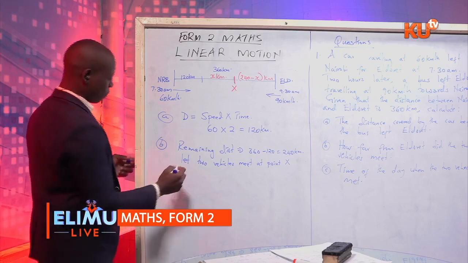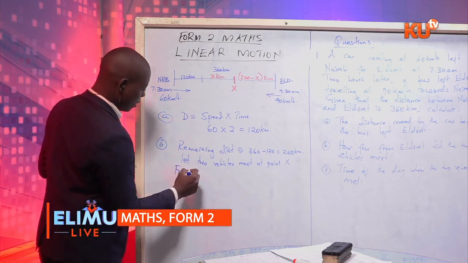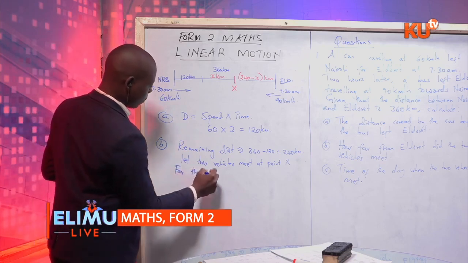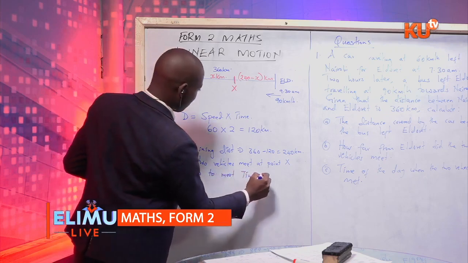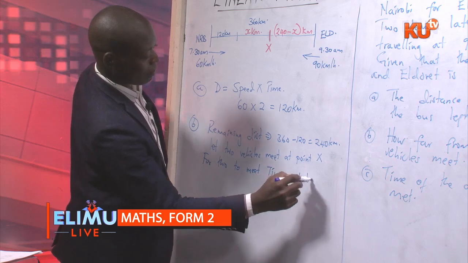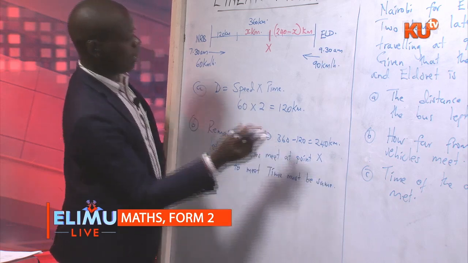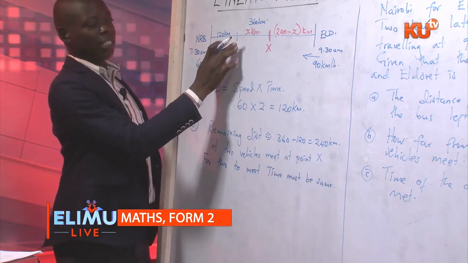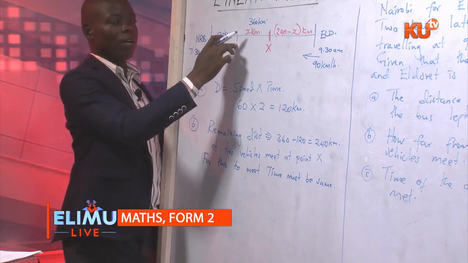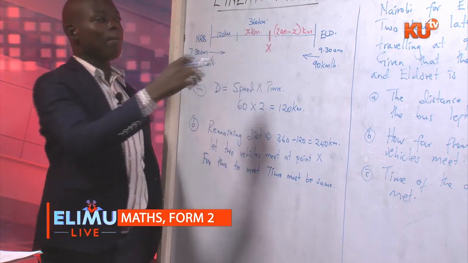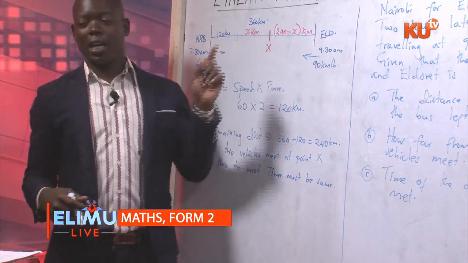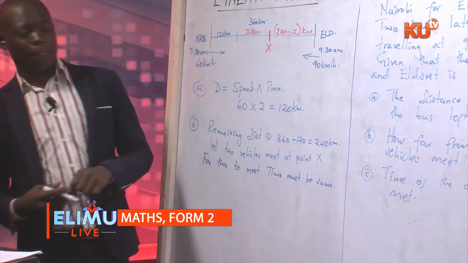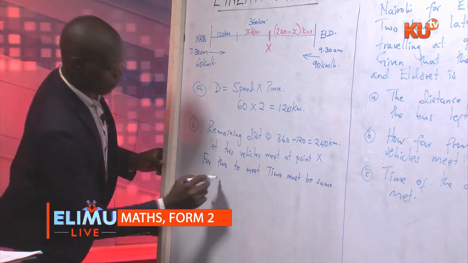So for the two to meet, time must be the same. If the car takes, for example, 1 hour to move from this point to X, then the bus also has to take 1 hour for them to meet at point X. And how do you get time?